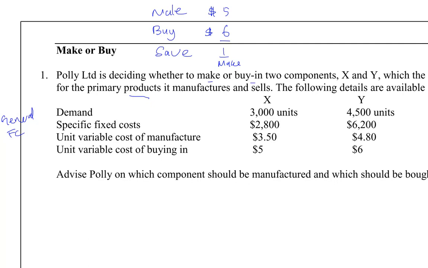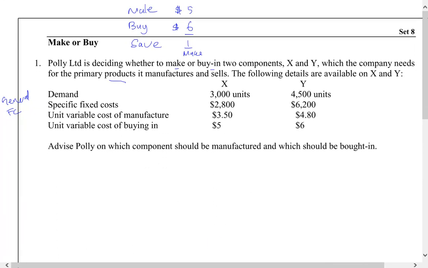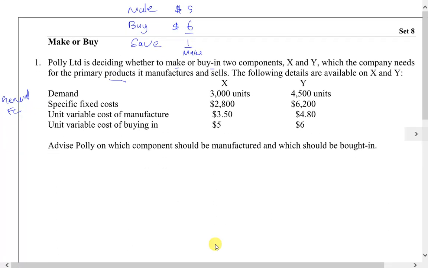So this is specific fixed cost, meaning specifically related to X and Y. And you have variable cost to make and variable cost of buying in. Advise Poly, the company, on which component X and Y should be manufactured and which component should be bought in.